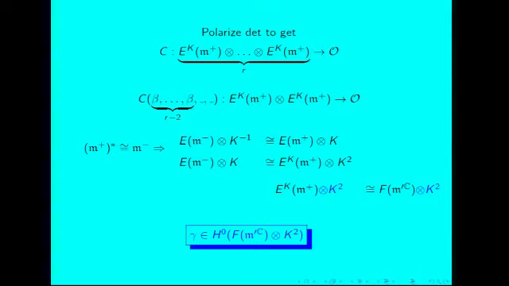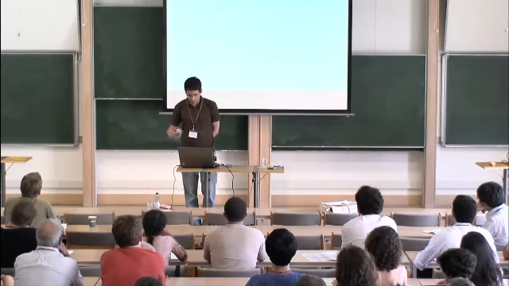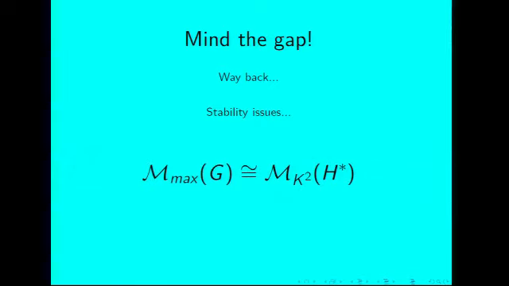Okay, so this is not all the proof, because we have to go the first way back, and we have to care about stability issues. But the main aim of my talk was to show how to prove this correspondence in general.